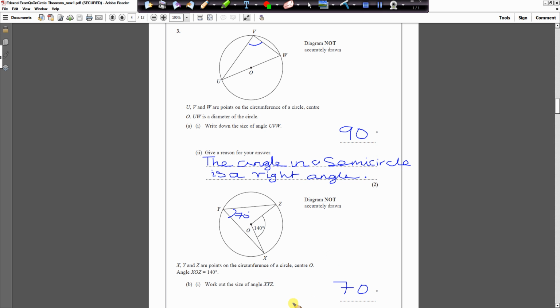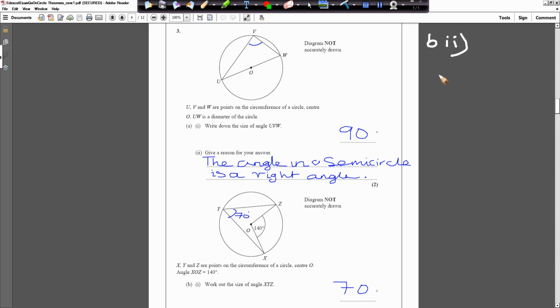Now the part of the screen that you can't see, which I'm going to read out to you, says give a reason for your answer, and that is called B part 2. Okay, we have to give a reason for this answer.